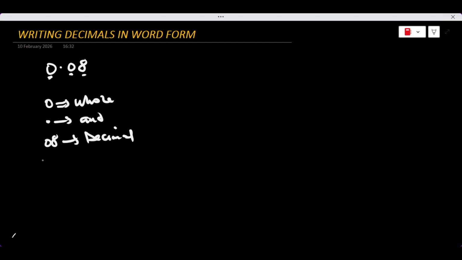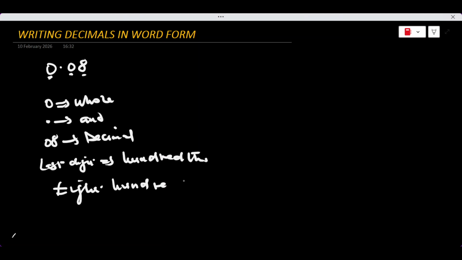Then, what is the last digit? That is 8. And what place value is it? It is at the hundredths position. So this will be written as 8/100. I hope that is clear. All right. So remember, when you have zeros at the beginning, we look for the first non-zero digit. And that is where we start to write.